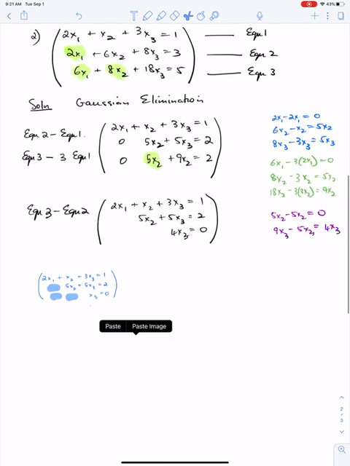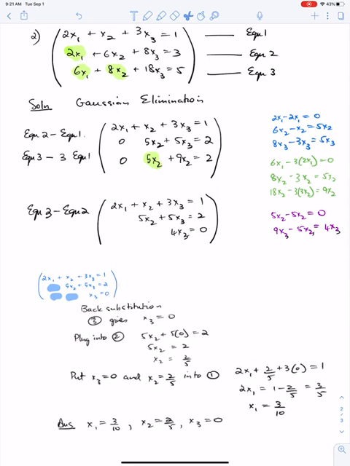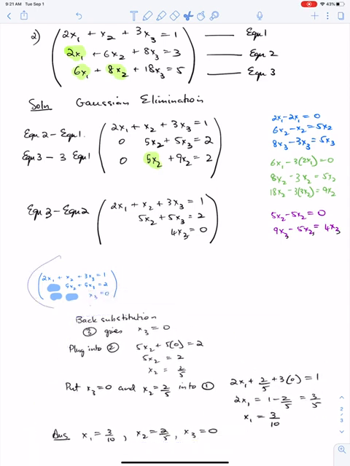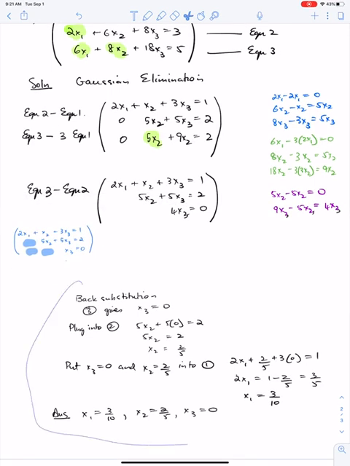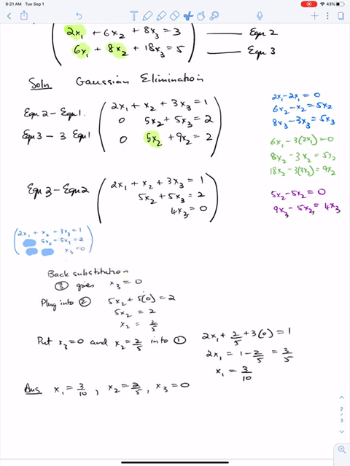So I'll just grab the solution from here. Bring it down here. And that's it. There we go. You can finish the problem by back substitution.